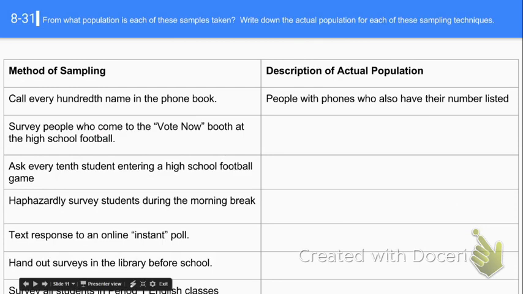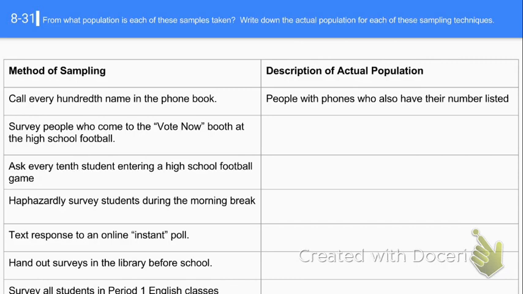All right, so here you guys should make sure to write down our answers for each of these blanks. What we're going to do is try to write down what each of these actually represents, the population.